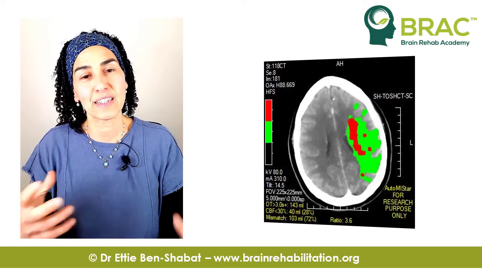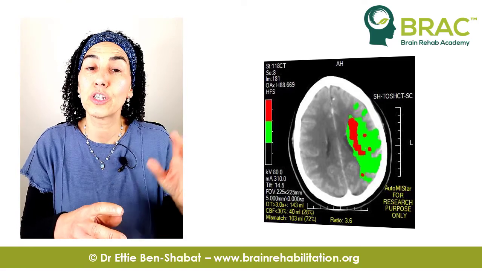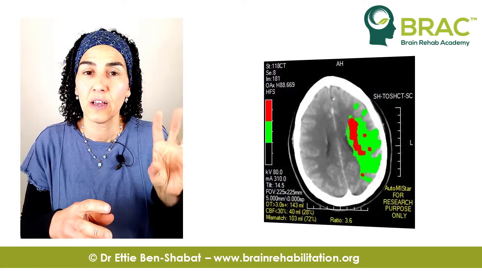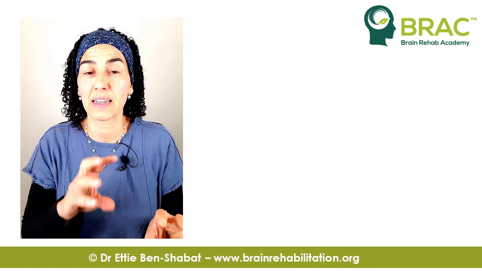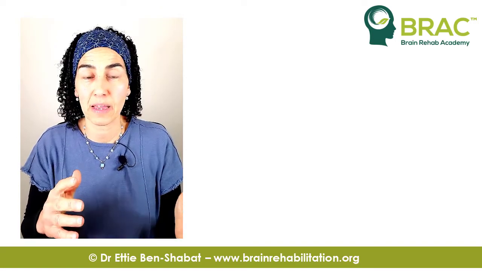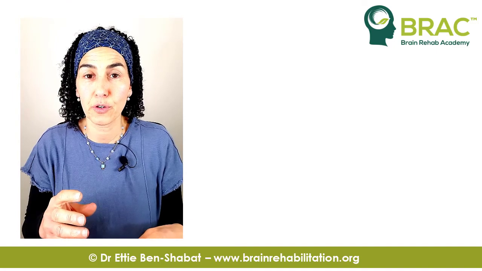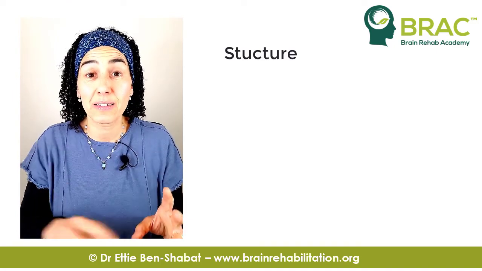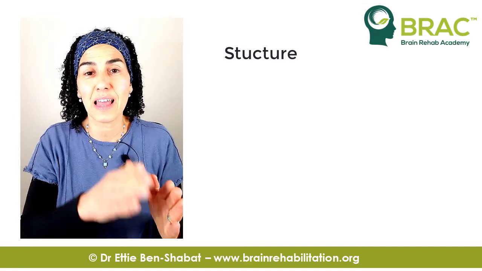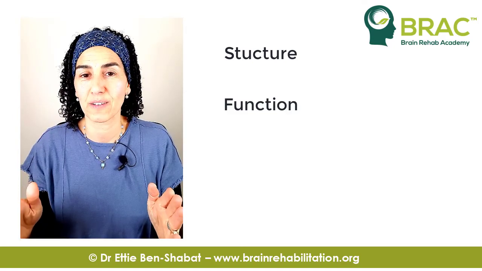I basically explained to them how you would go about assessing the exact location of the stroke as you see it in the acute images, so either MRIs or CT perfusion. And then once you know the exact location, the exact anatomical structures that are affected, then you can extrapolate function.